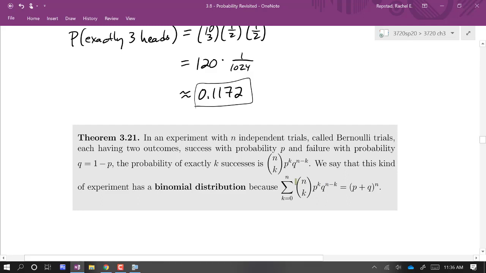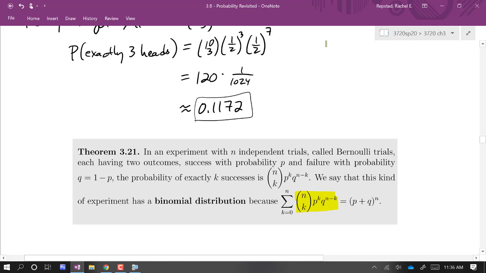We find the probabilities of so many successes by computing this, and we saw this happen right up here, right? This was that same calculation. And we've seen this calculation before. If I add them all up, this is how the binomial expansion works that we saw back in, I think it was section 3, when we were first looking at permutations and combinations.